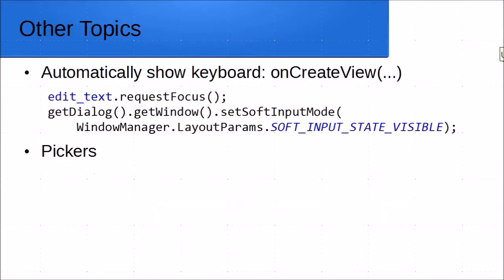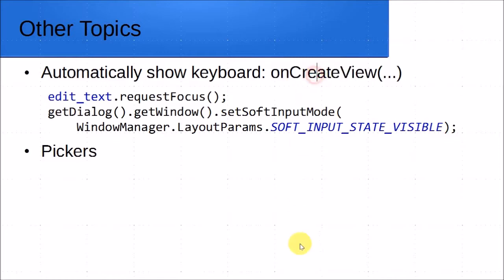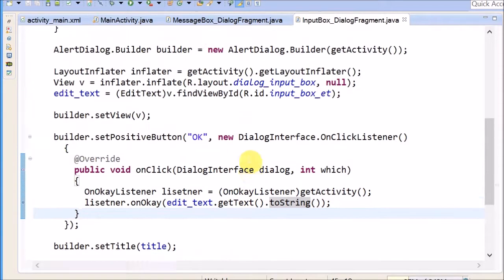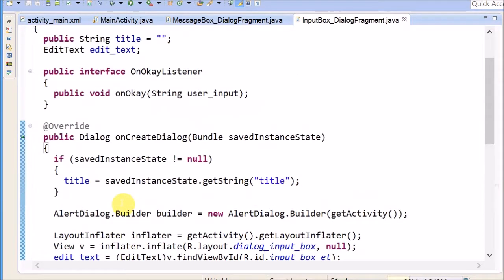So some final minor points. Right now the input box starts and there's no keyboard. The keyboard doesn't pop up automatically. You have to select the text box or the edit text to get the keyboard. So this way is to get the keyboard to show up automatically. So inside on create view, so there.